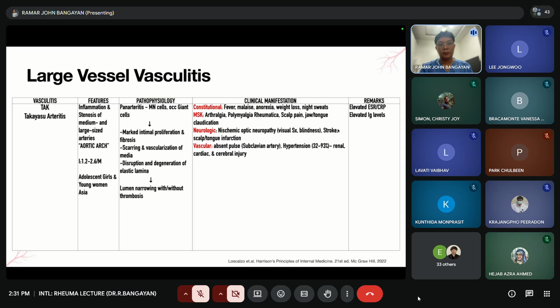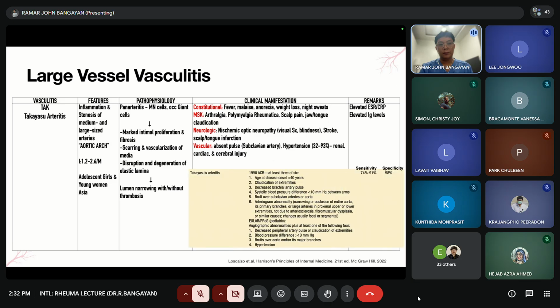So that's a discrepancy and you have to note that it should be at least above a 10 millimeter mercury difference. Okay? So if there is a stenosed vessel on a specific side of the body, then the other, contralateral side should have the normal blood pressure. Okay? So again, non-specific elevation of your inflammatory markers.